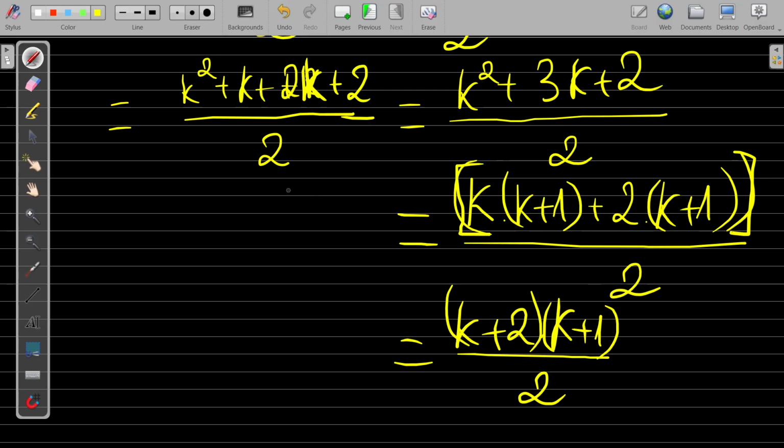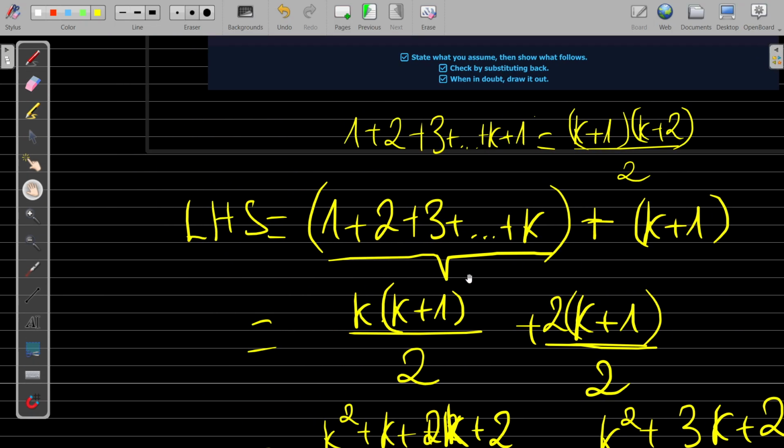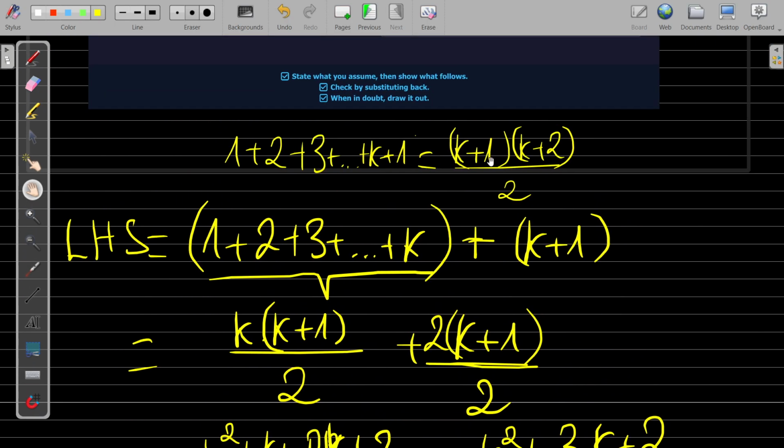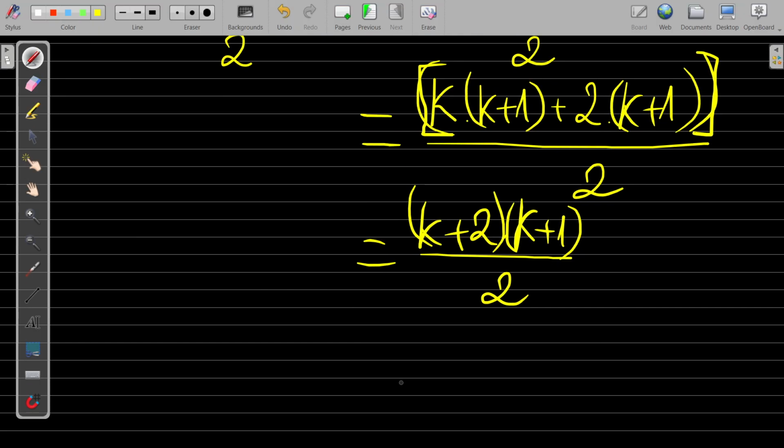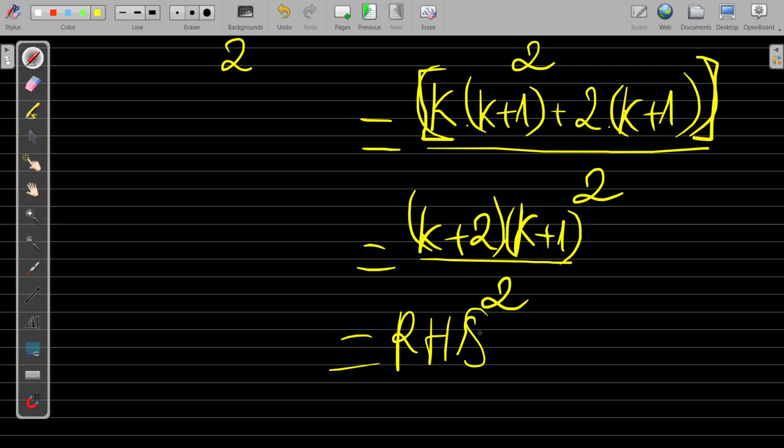It's just a little bit long-winded, but what we have is that the left hand side, which was originally this, is now looking exactly the same as the right hand side. This is the right hand side, so left hand side is equal to right hand side. This is exactly what we need.